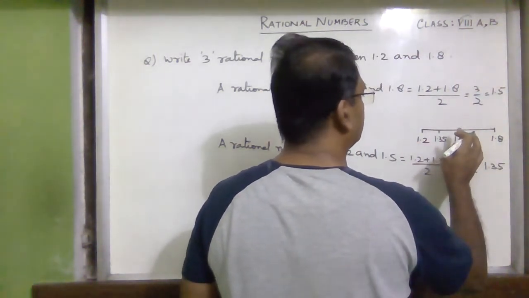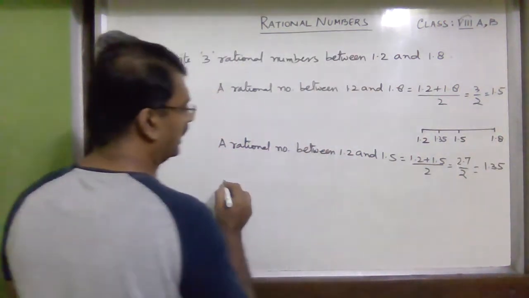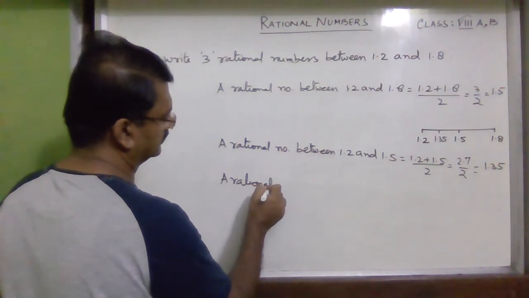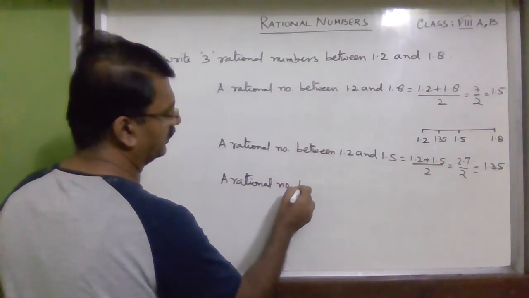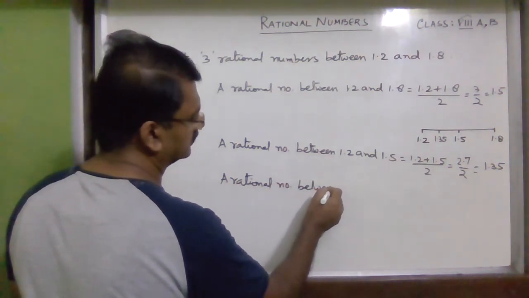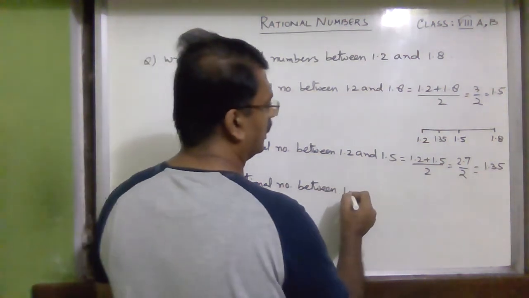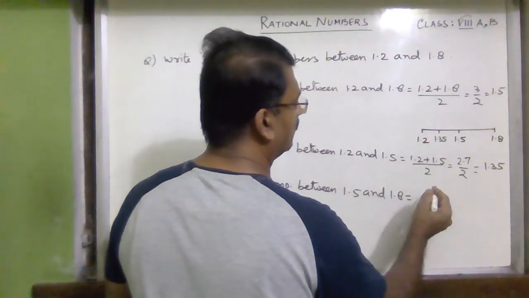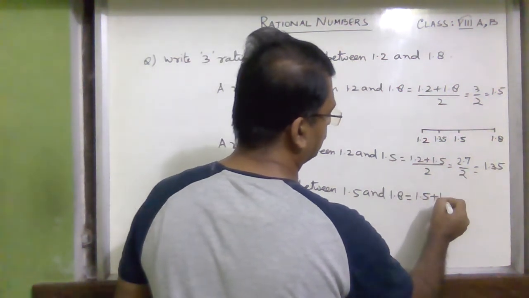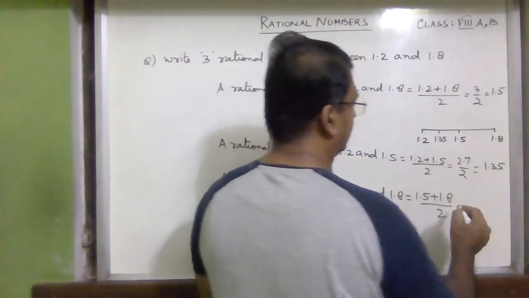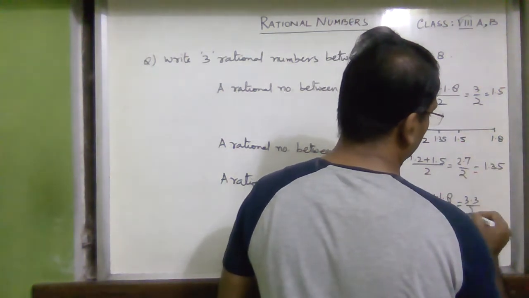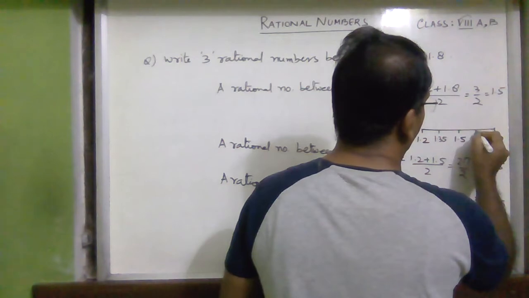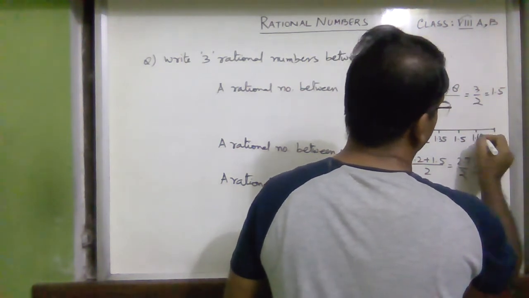And then you can find out between 1.5 and 1.8. A rational number between 1.5 and 1.8 will be equal to 1.5 plus 1.8 upon 2, that is 3.3 upon 2, that is 1.65. So the next number is 1.65.